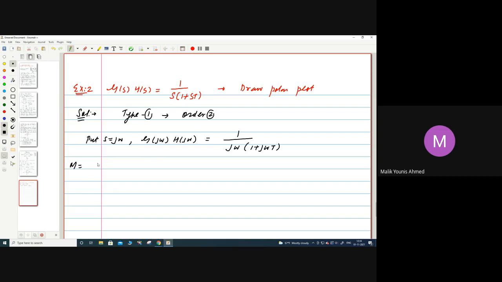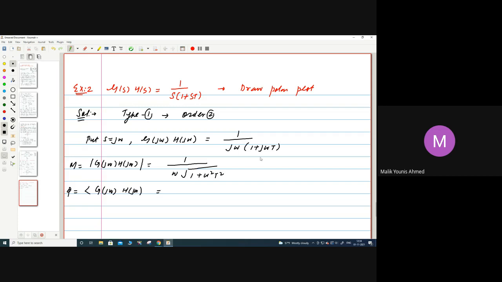The magnitude of G(j omega)H(j omega), this is the magnitude we have to take. 1 divided by omega, into the square root of 1 plus omega squared T squared. So phi will be the phase angle of G(j omega)H(j omega).